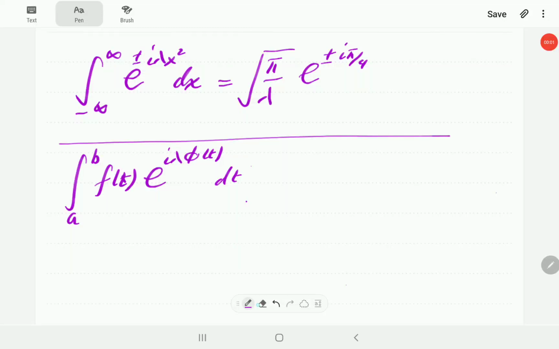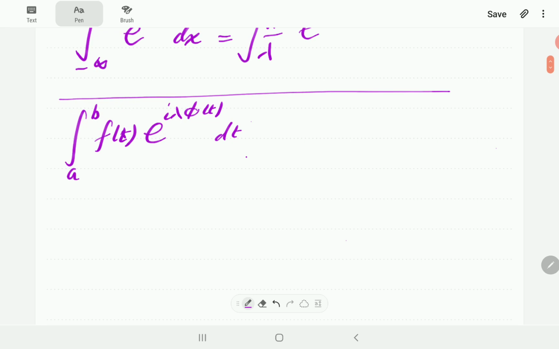Okay, in the previous video we just derived this result here. We are now going to go back to deriving the asymptotic approximation of this integral as lambda goes to infinity.